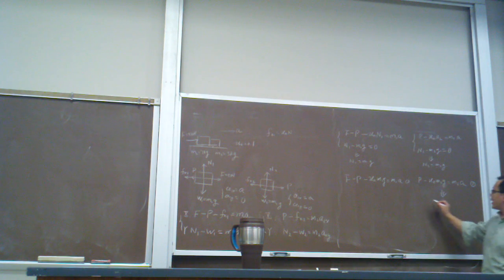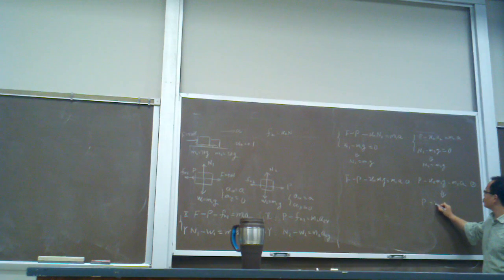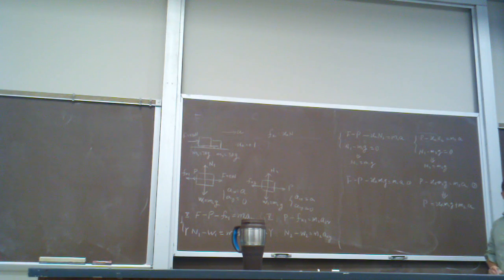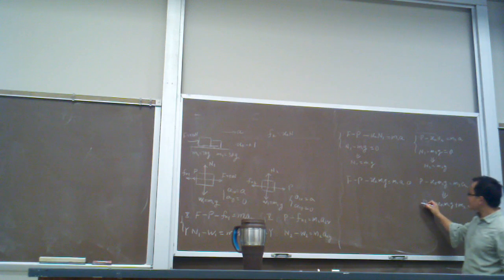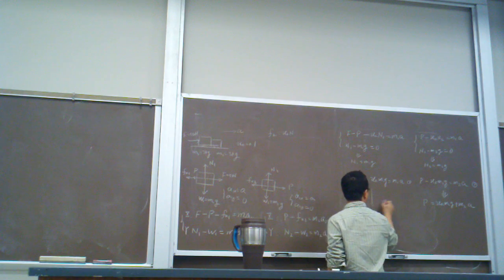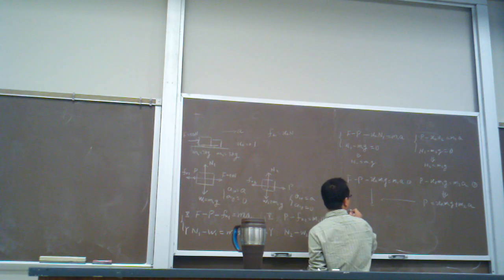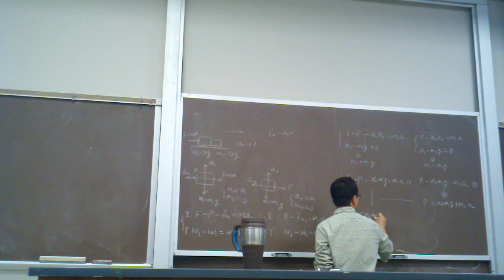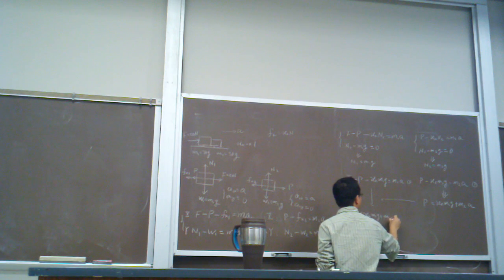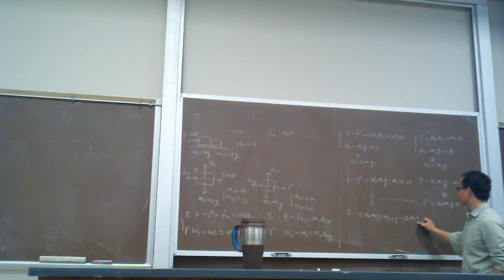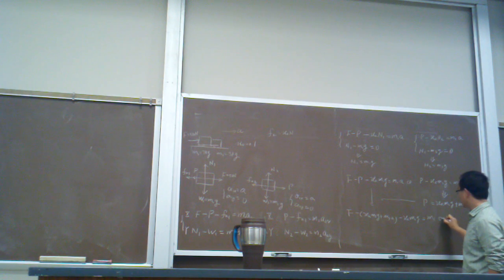You can rewrite it as P equals mu K M2G plus M2A, right? This is the interaction. And then you substitute this P here. So this equation becomes F minus (mu K M2G plus M2A), and then minus mu K M1G equals M1A. Right?